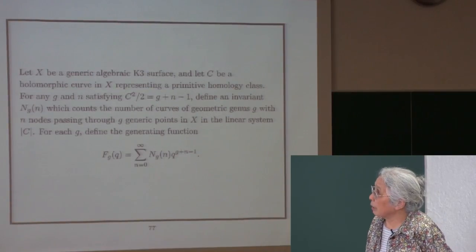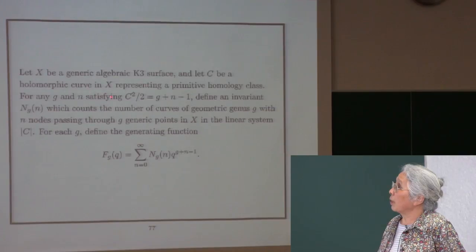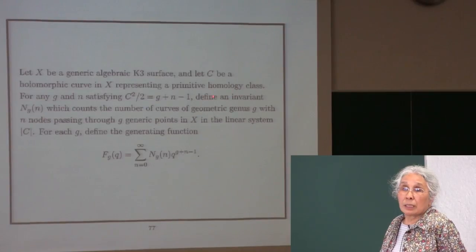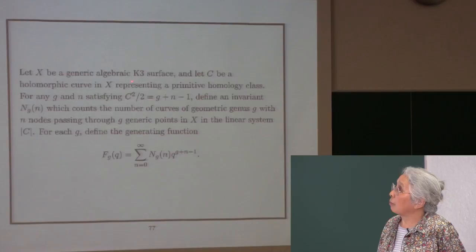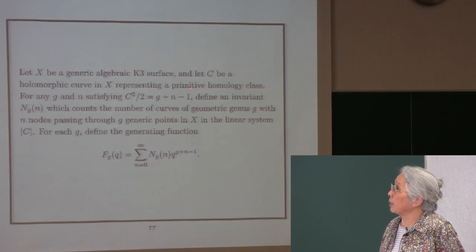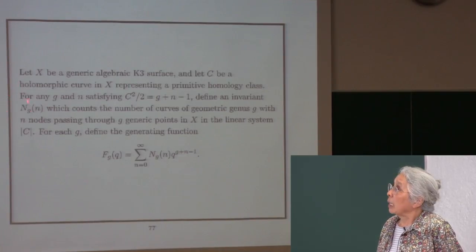Now a bit of a generalization. You take a generic K3 surface, and C is a holomorphic curve sitting on X, representing a primitive homology class, so it's not a multiple of some homology class. For this setting you need primitivity; in the previous theorem of Yau-Zaslow, you don't need that.